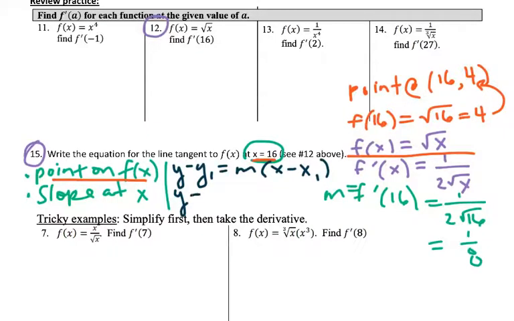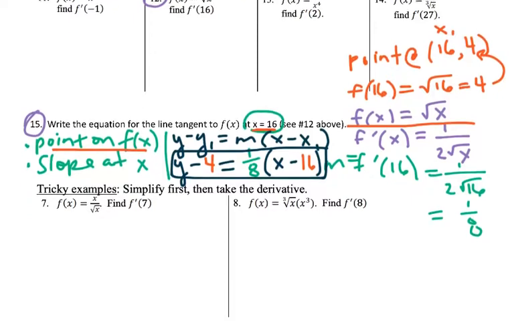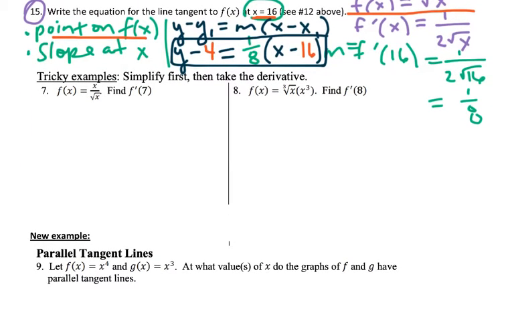So I have y minus y1, so I'm plugging in the y value from my point, that's 4, equals the slope we got from the derivative, it was 1 over 8, and then x minus our x1 value, which was 16. And that is the equation of the tangent line. You could do that process with any of the problems above. And there are plenty of practice problems on this in this packet.